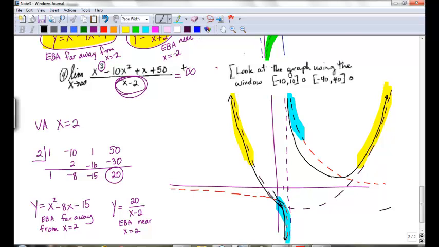If I said what was the limit as x approaches 2, and changed this, then that'd be going to negative infinity and positive infinity from the right side. But it says x is getting large.